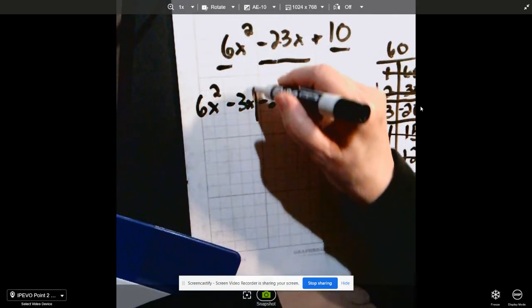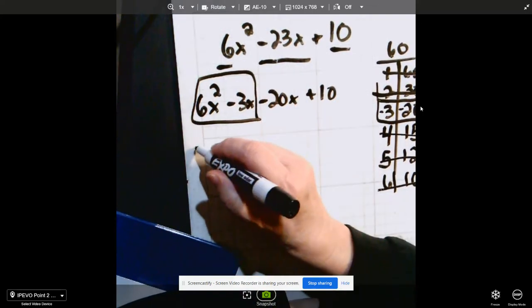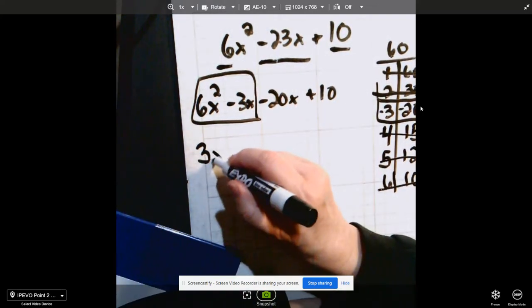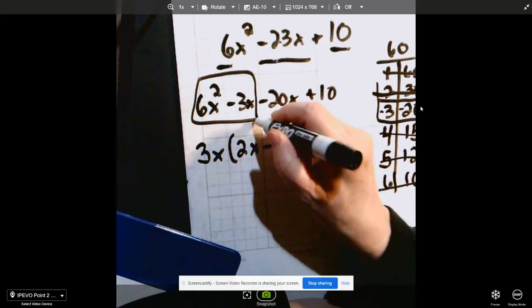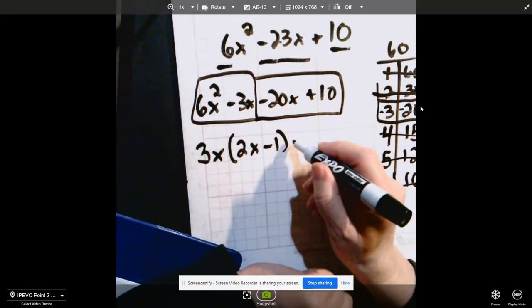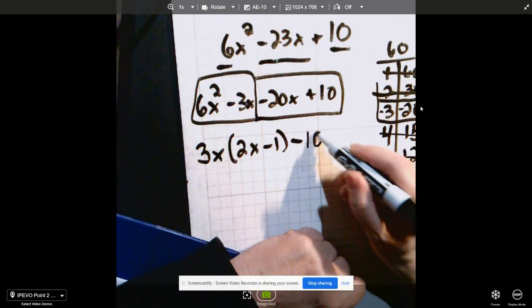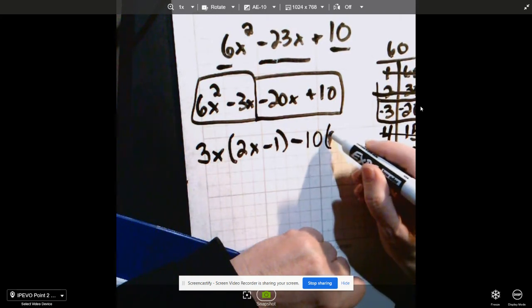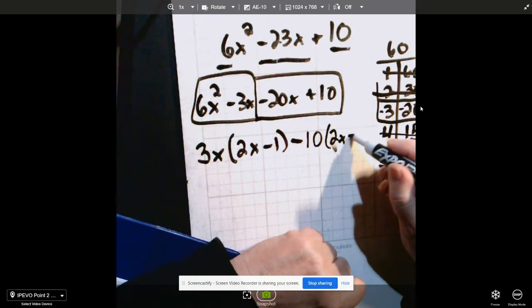I'm going to take a look at the first two. Well, I can take out a 3 and I can take out an x. When I do that, I'll be left with 2x minus 1. I take a look at the next two. Remember, if this is minus, this will always be minus. And it looks like I can take out a 10. And when I do that, I'll be left with 2x minus 1.